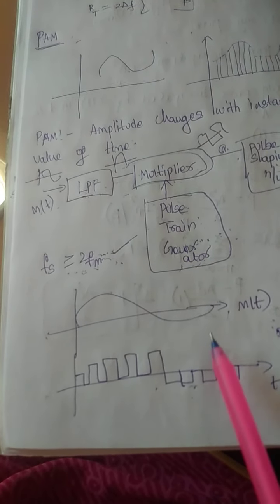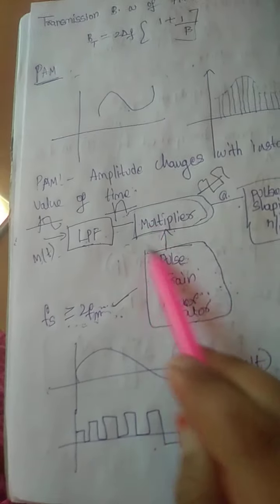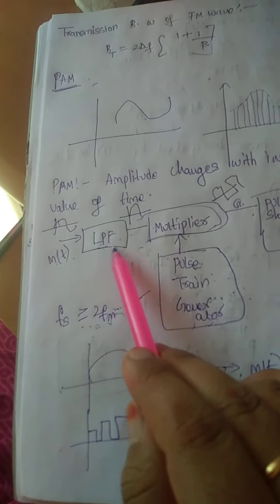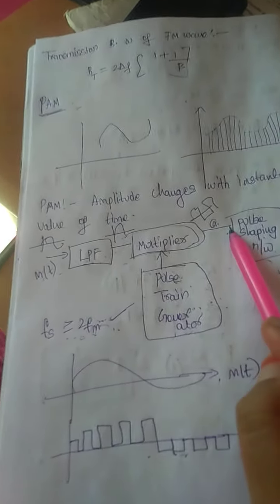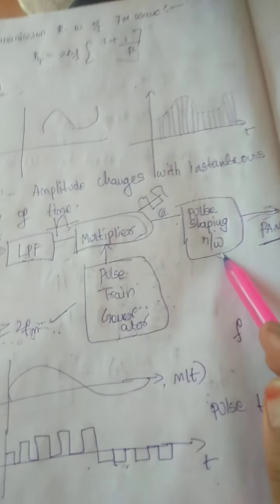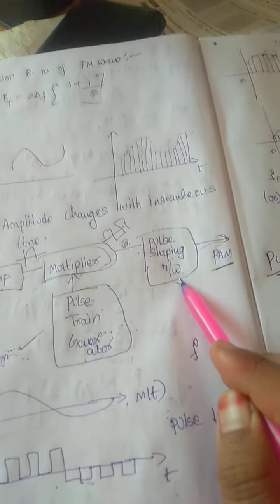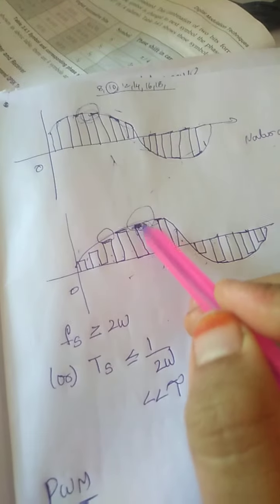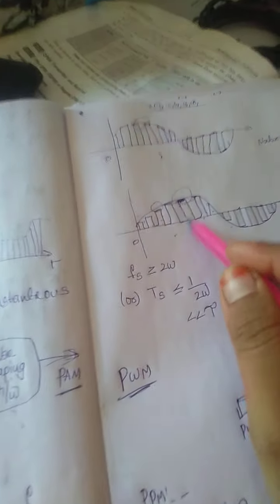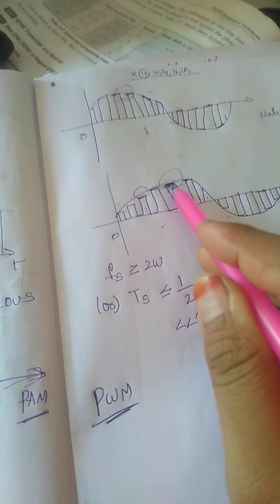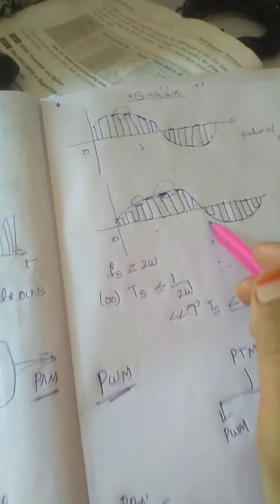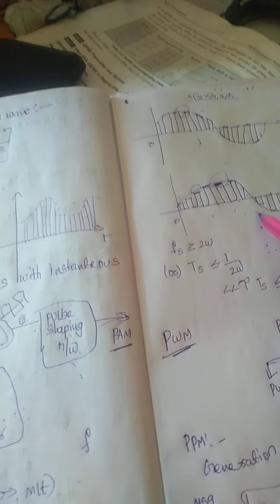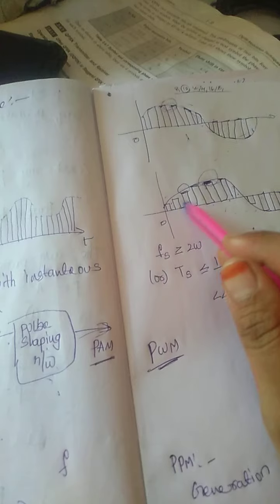The multiplier multiplies the input signal with the pulses and sends it to the pulse shaping network, which gives a flat top PAM, where the edges will be sharp, not bending according to the input signal. Here the shaping of the pulses will take place within the amplitude only. Sometimes at the corners it may come out, but mostly the shaping will occur within the circuit. Okay, that we are representing as the signal.